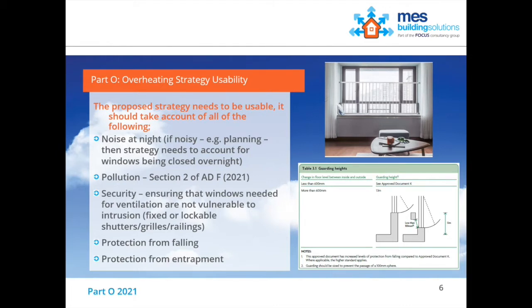We have to make sure that if we're relying on opening windows or opening elements of our building, we're not therefore creating a security risk. So ground floor windows, for example, can be difficult to rely on being openable, particularly French windows and doors on the ground floor.